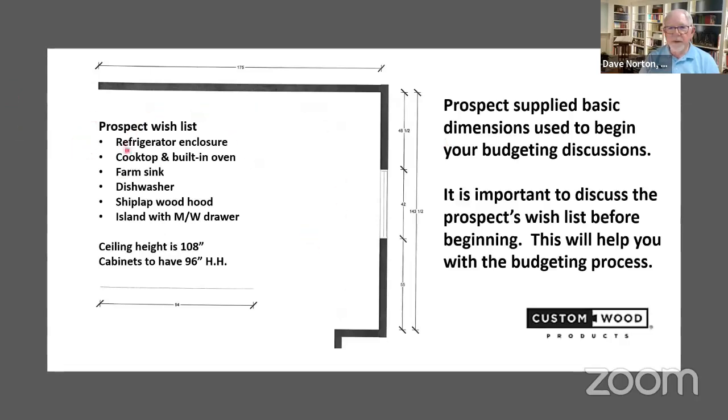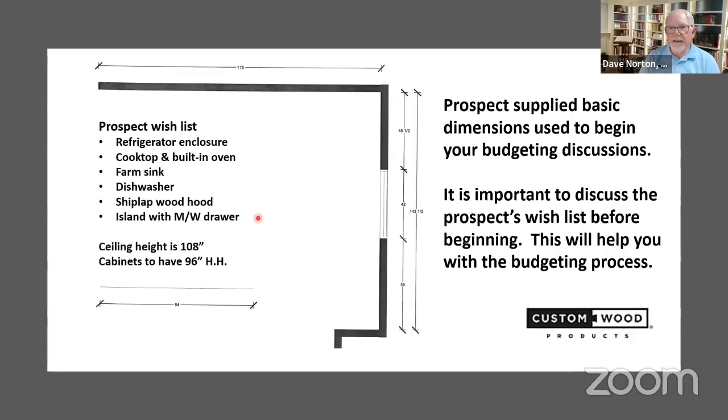You want to talk with the client about what they want to include. So yes, they want their refrigerator enclosed. They're looking at a cooktop and a built-in oven, a farm sink, a dishwasher. They want a hood with shiplap on it, and they want an island with a microwave drawer.